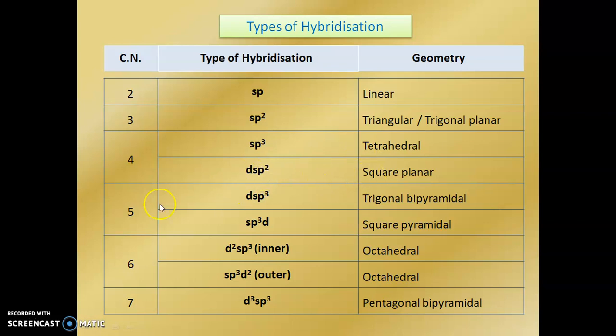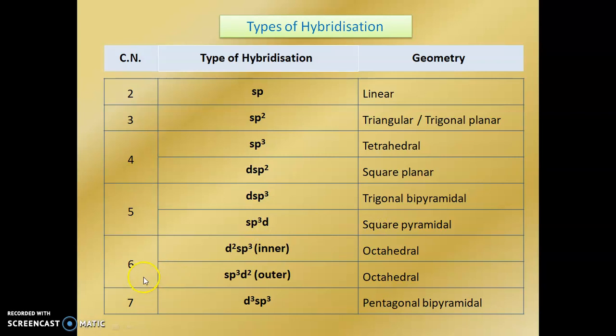geometry is square planar. For coordination number 5, again there are two possible hybridizations, dsp3 and sp3d. If the hybridization is dsp3, the geometry is trigonal bipyramidal, and if it is sp3d, the geometry is square pyramidal.